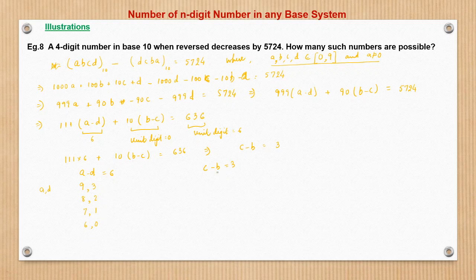Now C can, here I am writing C comma B, so it will be nothing but 9 comma, sorry, 9 comma 6, then 8 comma 5, 7 comma 4, 6 comma 3, 5 comma 2, or 4 comma 1, or 3 comma 0.